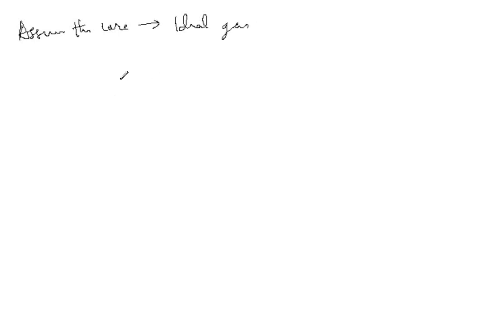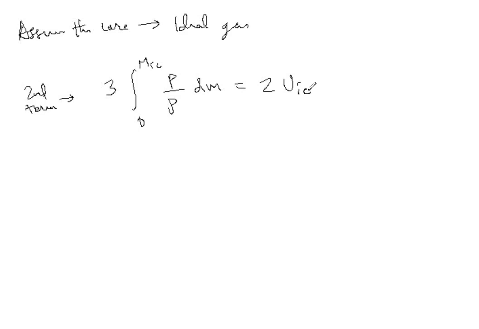Then the second term, integral 0 to M_IC of P by rho dm, is equal to 2 U_IC, where U_IC is basically the internal energy of ideal gas.